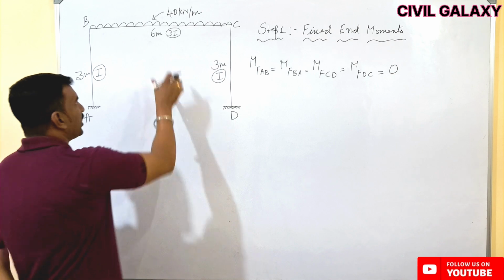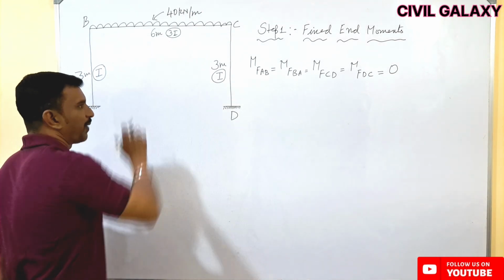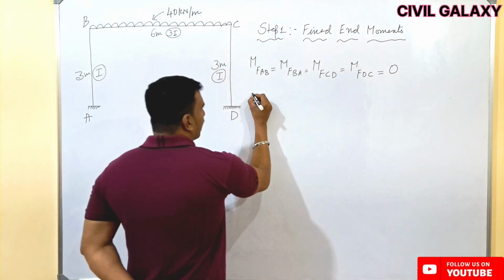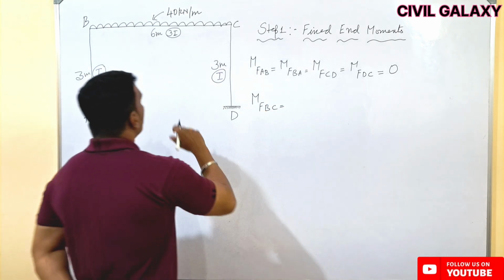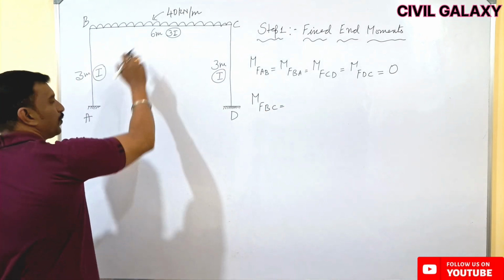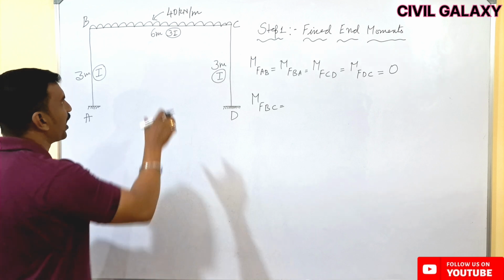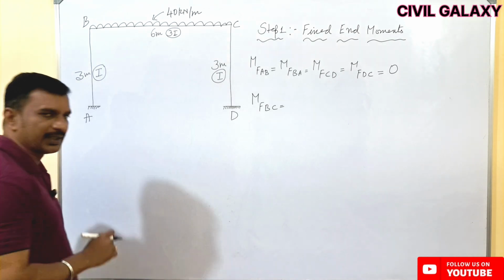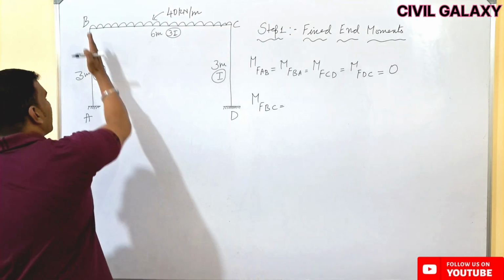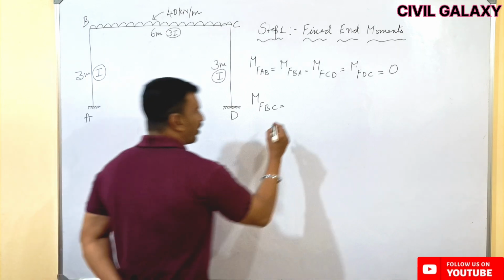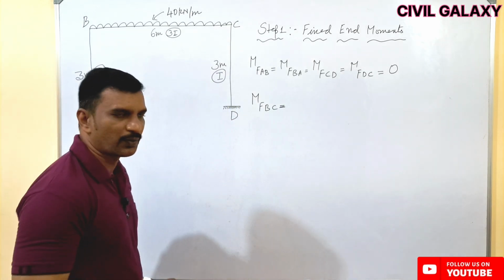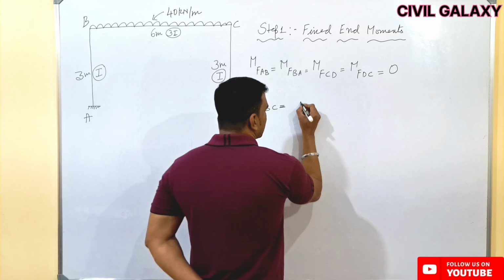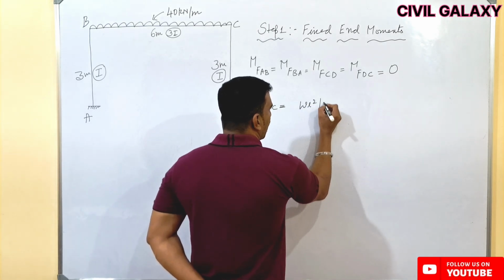Next, to find the fixed end moment for span BC, which is carrying a UDL of intensity 40 kilonewton per meter over a span of 6 meters: coming from left to right, we know the formula for a uniformly distributed load over the entire span is WL square upon 12.